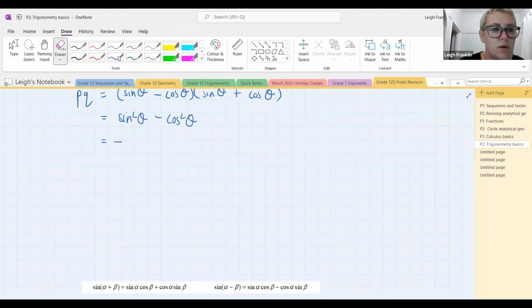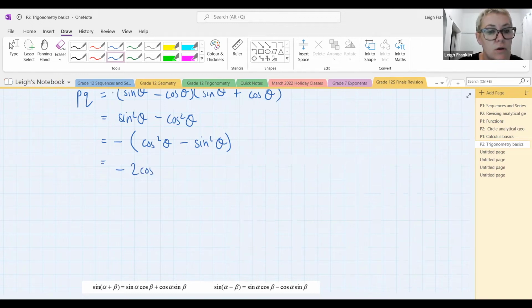Let's do it like this rather. Sine is going to change its sign and cos is going to change its sign. So this is going to end up being positive cos squared theta minus sine squared theta. Sorry, guys, we have negative cos 2 theta.